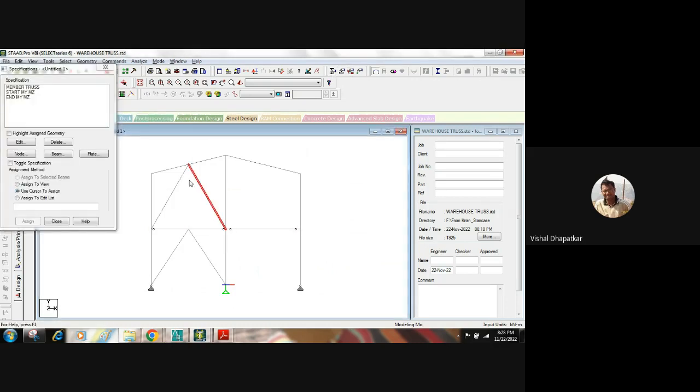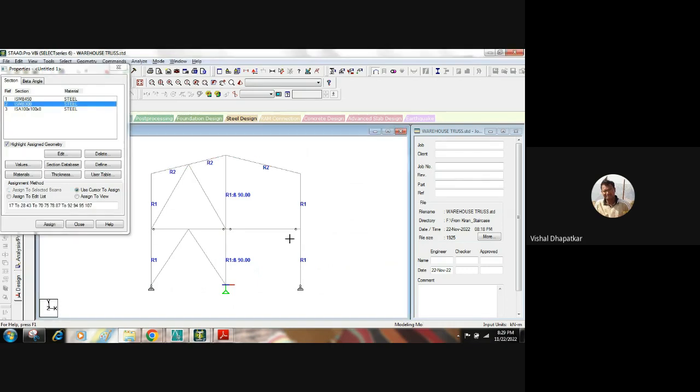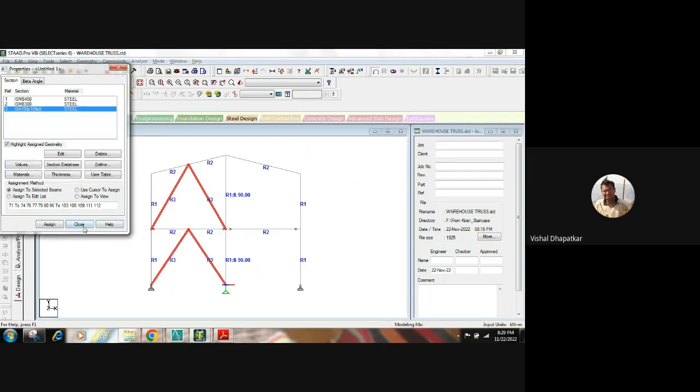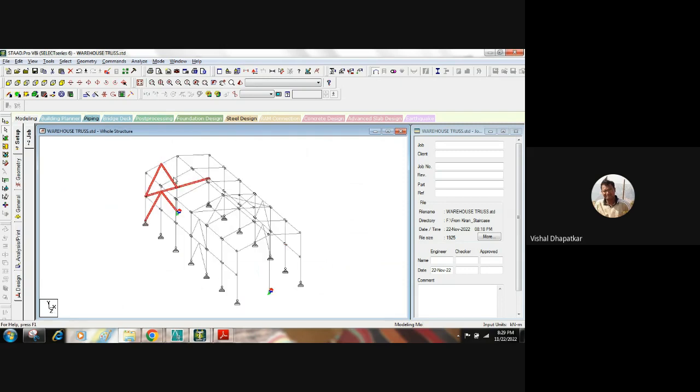We have to assign this member as a truss member so that it can carry only the axial load. This time for the member I am assigning 300, and again bracing of 100 by 8. So the same bracing will be continued on the other side of the structure.